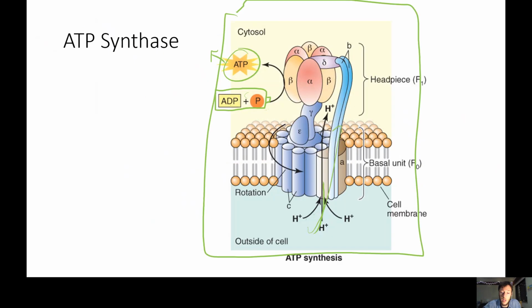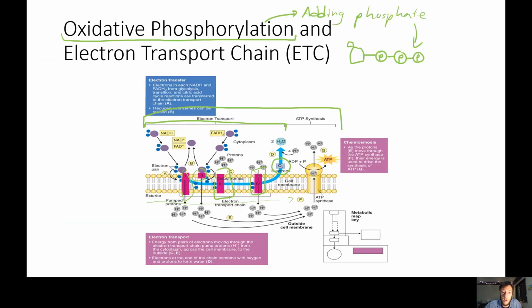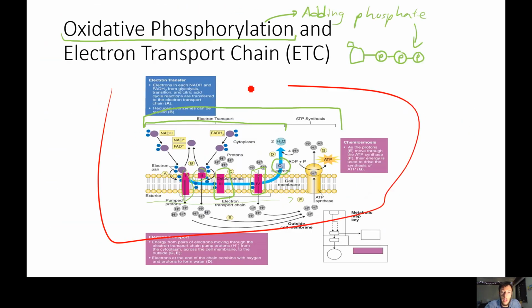But this oxidative phosphorylation process right here is doing the majority of the work in charging batteries, essentially, for your body to use and be able to do all the stuff that you need to do, which is why if you suffocate, you die, because you can't produce enough ATP for your body functions to keep going on if you don't have the oxygen to pull this process along.